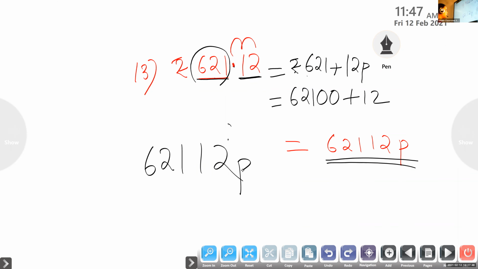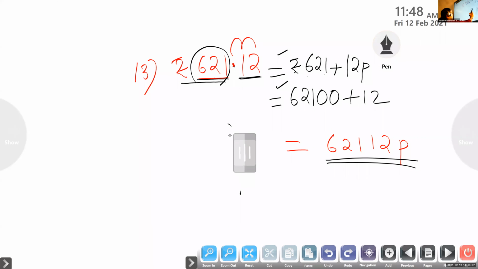Since this is a short answer, it's better if we write the step: 621 rupees plus 12. Write the rupees, then add 00. Then finally just write these numbers. 62112 paise.